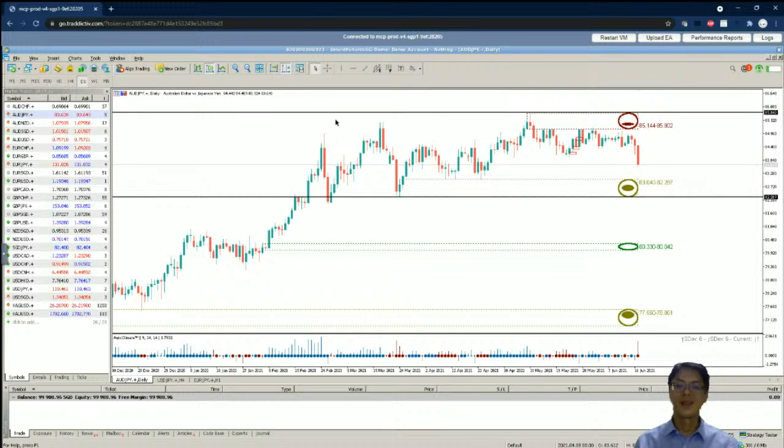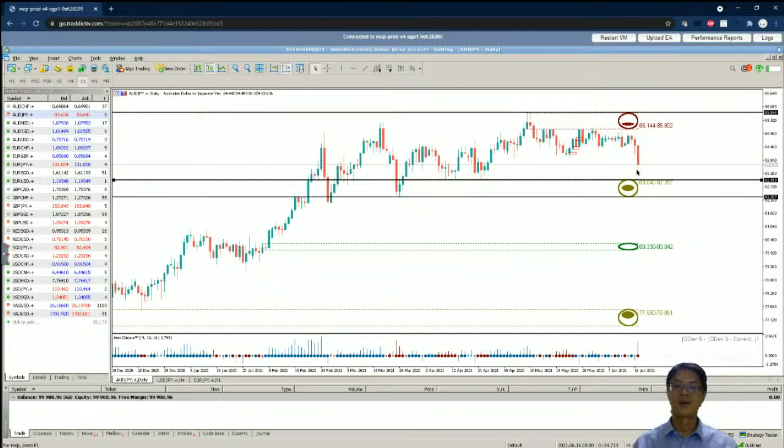Okay, so again, it's kind of still within this range. So even if it does break this low here, coming down into this whole area, we would expect some sort of bounce here. So we still could have this sort of scenario play out as well.